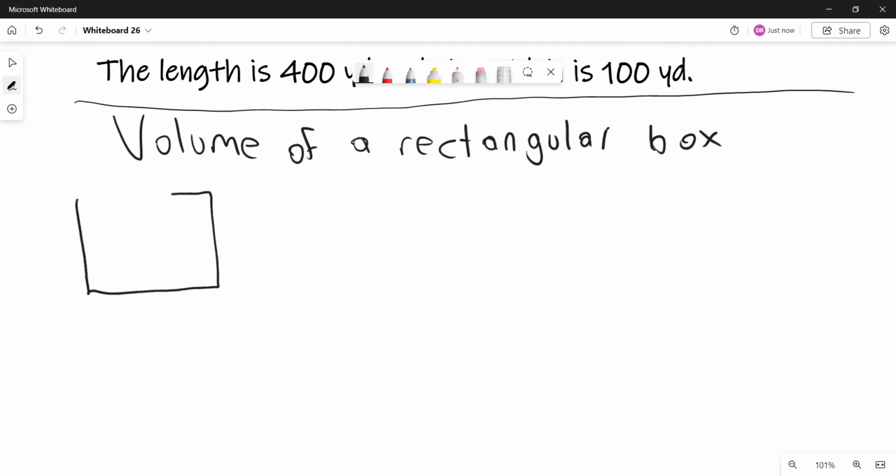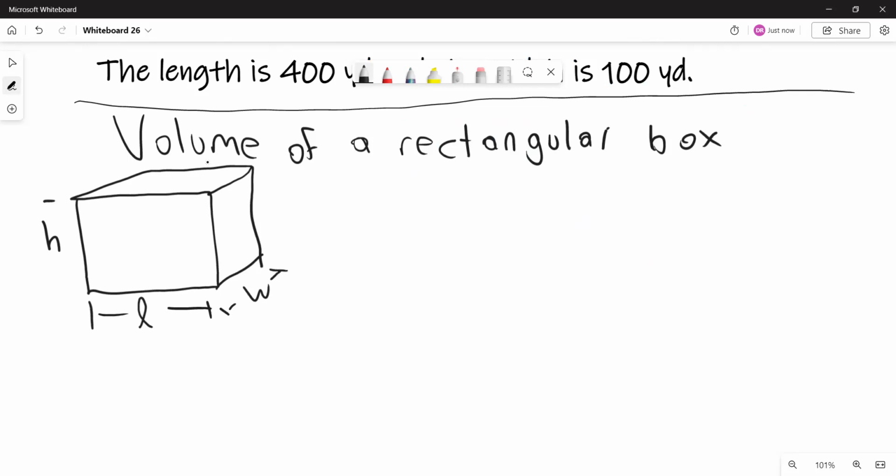If we have a rectangular box with a given length, width, and height, the volume is length times width times height. So number 27 involves this formula.